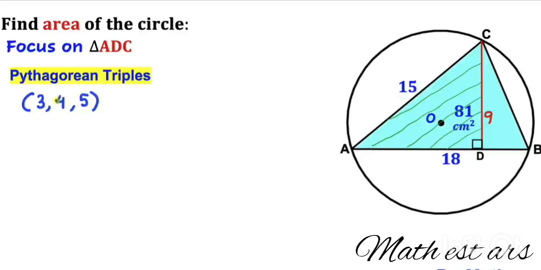Let's go ahead and multiply all these numbers by 3. Then after a multiplication of 3, this 3 is going to become 9, 4 is going to become 12 and 5 is going to become 15. So in our case we got this 9 and this 15. So therefore this unknown side length AD is going to be 12 centimeter.